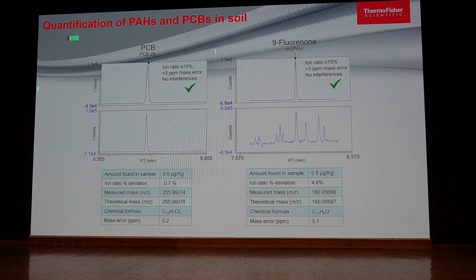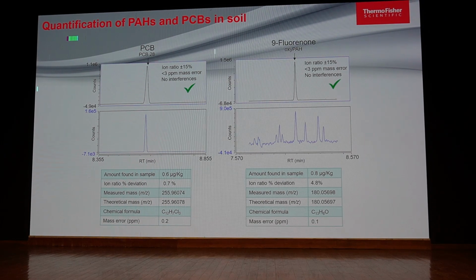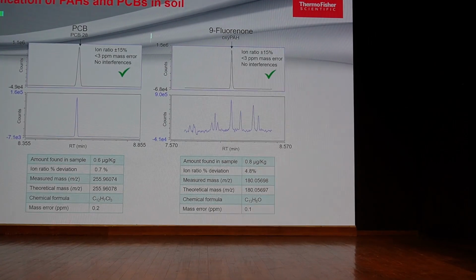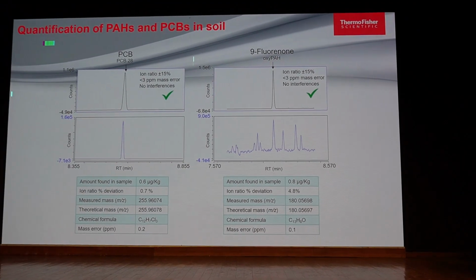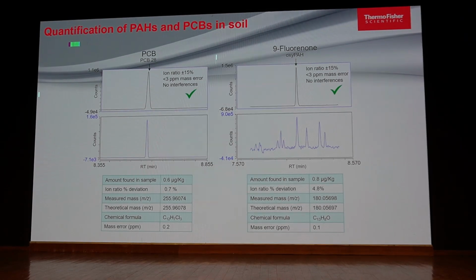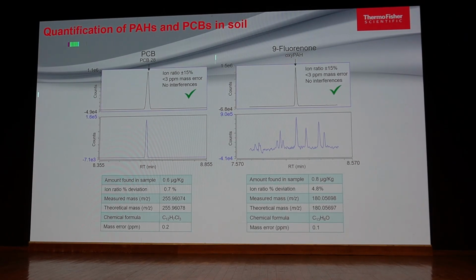But apart from the quantitative approach, first you should see the qualitative approach. The table below shows the measured mass against your theoretical mass. In that case, your mass accuracy plays a very important role. You can see that you are achieving 0.2 ppm.